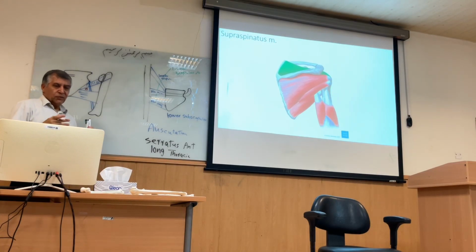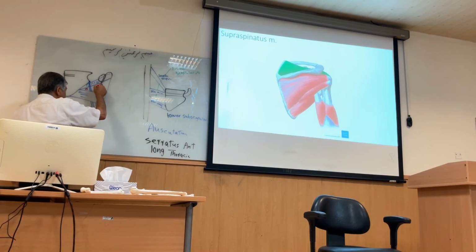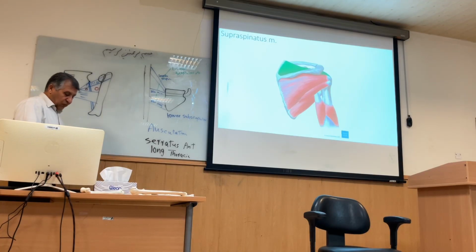I ask you, posterior circumflex humeral artery: quadrangular space. And finally, axillary nerve.